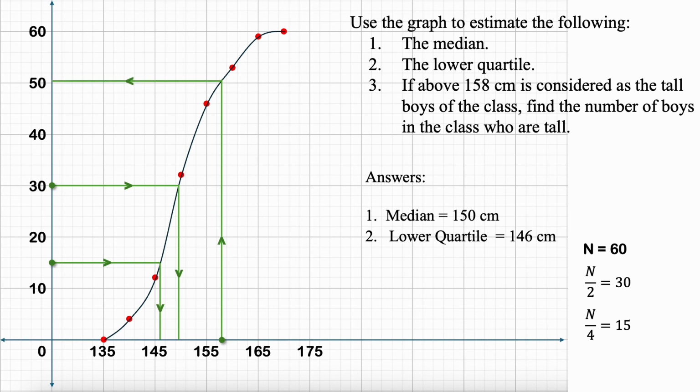The point corresponding to this horizontal line on y-axis is 50, and 50 represents the number of students who have height less than 158 centimeter. So to find the number of students having height more than 158 centimeter, we subtract 50 from the total frequency. So 10 students have height more than 158 centimeter or there are 10 tall students in the class.